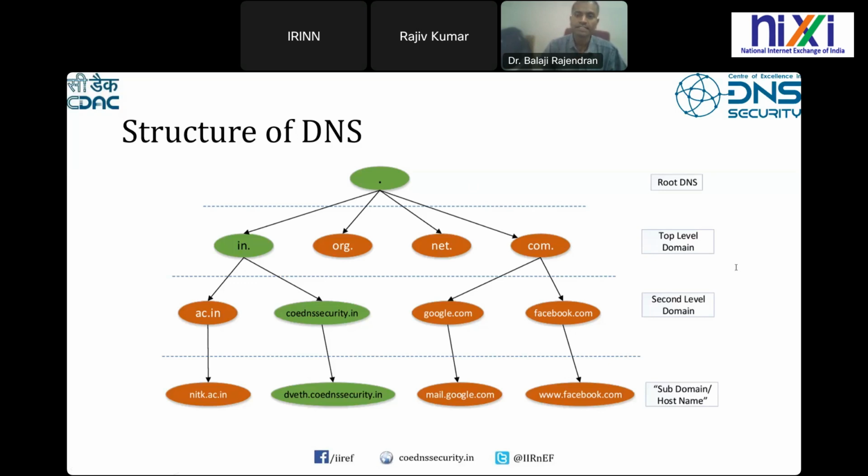I want to buy a domain name, so I go to a seller and they check whether that particular domain name exists or not, and based on that they give me some suggestions. I take up a suggestion, buy the domain name, and of course pay the money. How the resolution happens, I will clarify once again. Let me proceed with the next few slides so that it becomes clear.